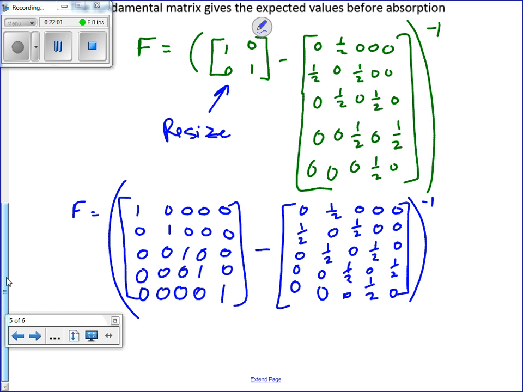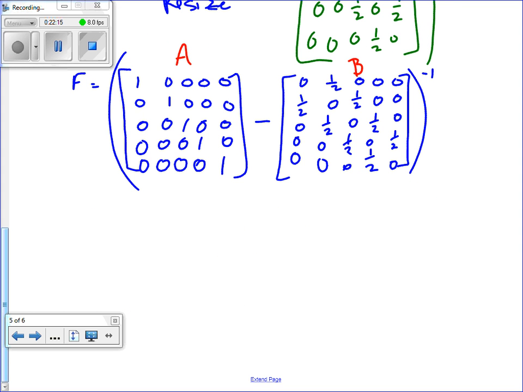So what I would do is, in my calculator, I would make the identity matrix, matrix A, and I would make Q, matrix B. Then you're going to take A minus B, get that matrix, and then put it to the negative 1 power.